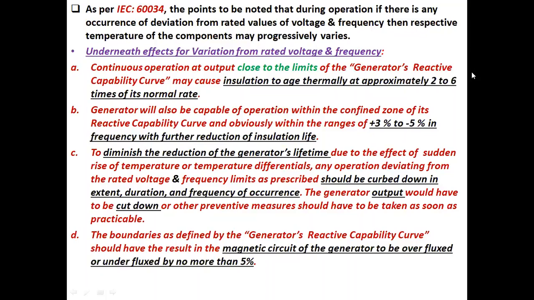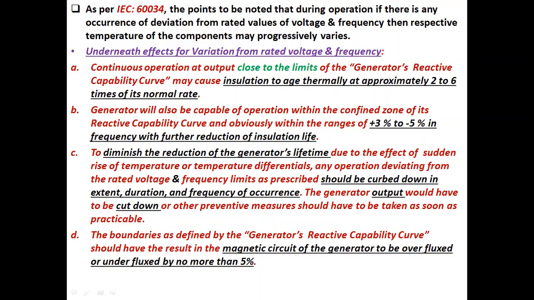60034, the point to be noted is that during operation, if there is any deviation from rated values of voltage and frequency, then the respective temperature of the components may progressively vary. Underneath the effects of variation from rated voltage and frequency, a continuous operation at output close to the limits of the generator's reactive capability curve may cause insulation to age thermally at approximately 2 to 6 times the normal rate.